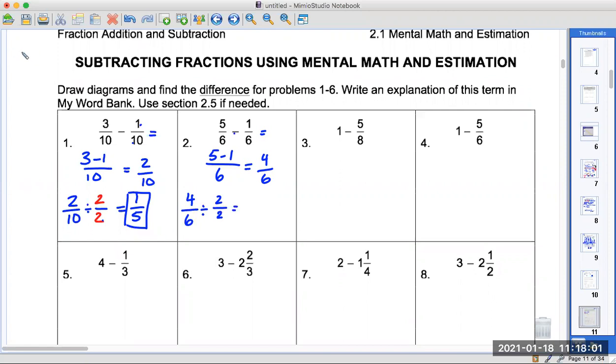Even numbers are 2, 4, 6, 8, etc. The odd numbers are all the others. Okay, so I can divide by 2, and then I have 4 divided by 2 is 2. 6 divided by 2 is 3.